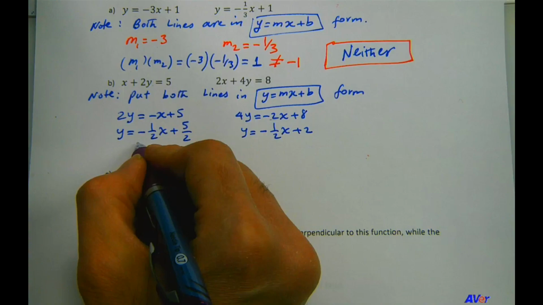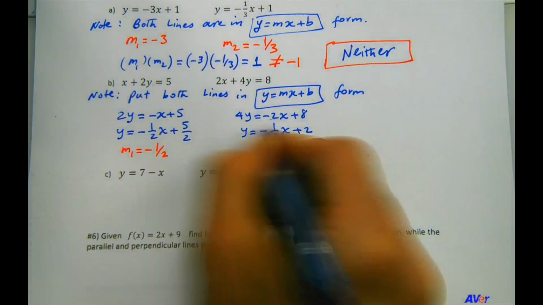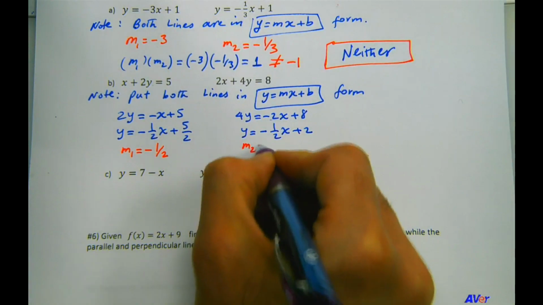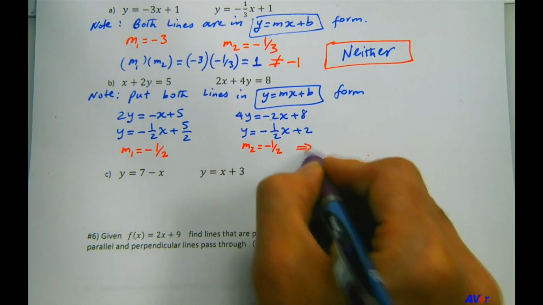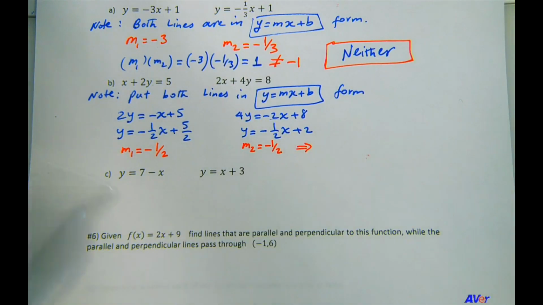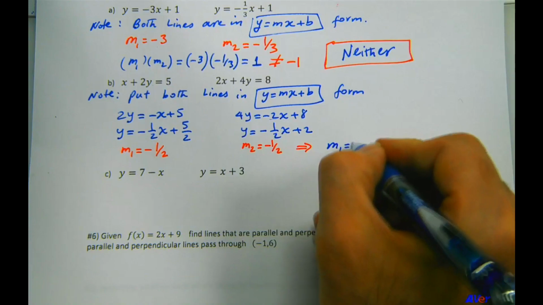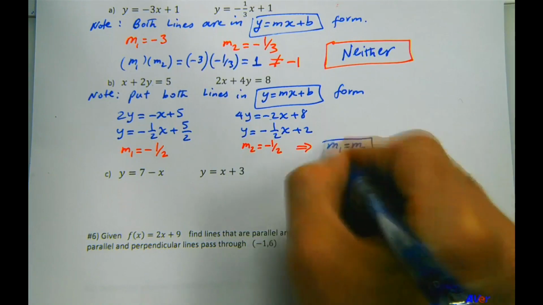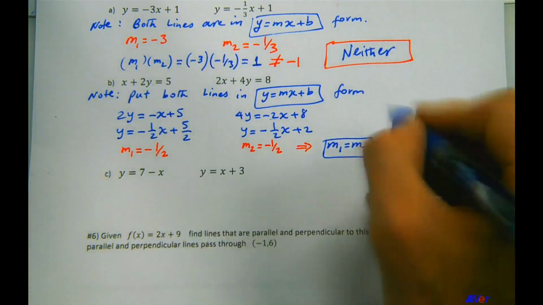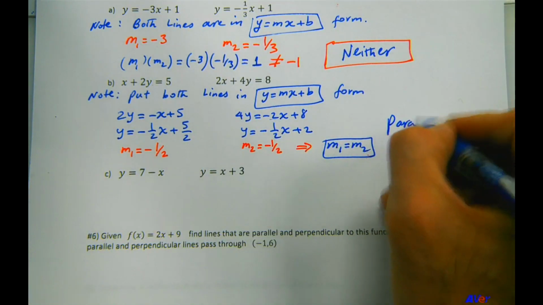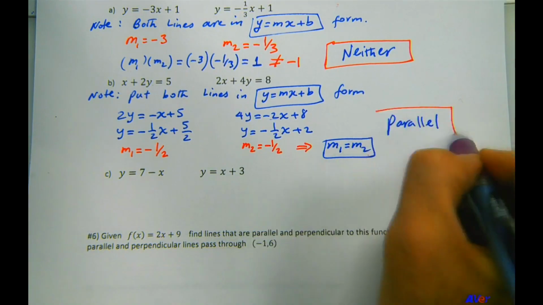So m1 is equal to minus 1/2. m2 is equal to minus 1/2. So m1 equals m2. Therefore, these lines are parallel. Okay, like that.